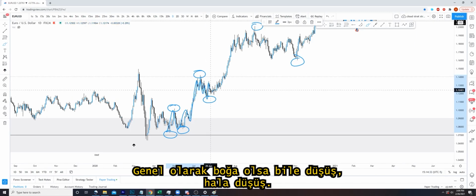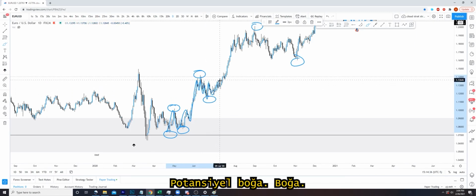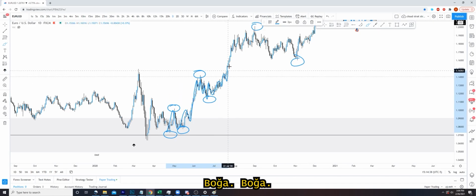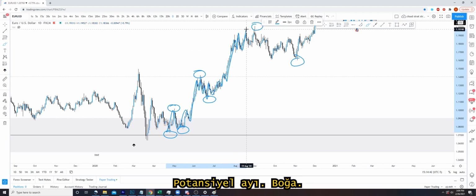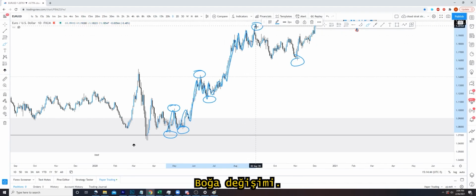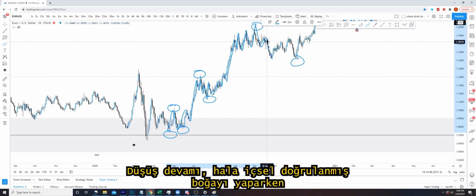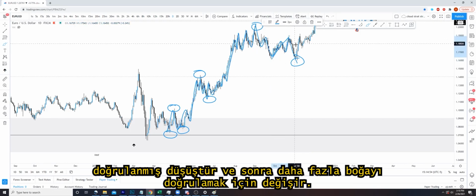Bearish, still bearish, potentially bullish, bullish, bullish, bullish, potentially bearish, bullish, bullish, shift bearish, remain bearish, validate bearish, continue as validated bearish while still making inner validated bullishness, and then shifting to validate more bullishness.